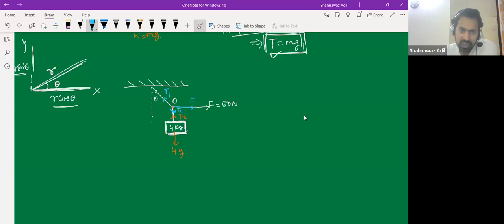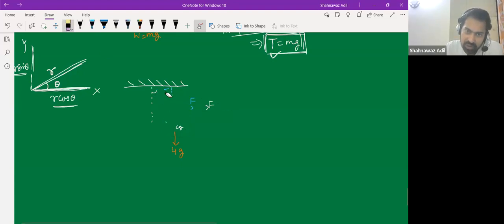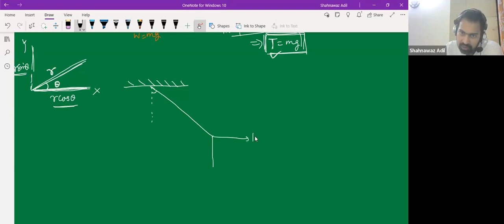Yes, sir. Okay, now you see that this tension is at some angle. And what is that angle? Can you guys tell me? Let me draw a bigger picture so that it is more visible. We have this one, and then this is the force which is 50 Newton.